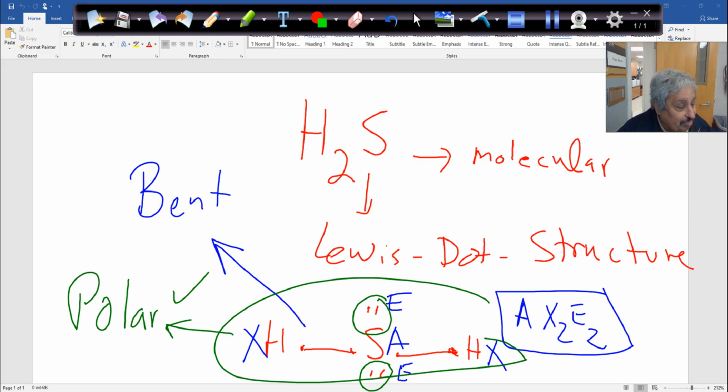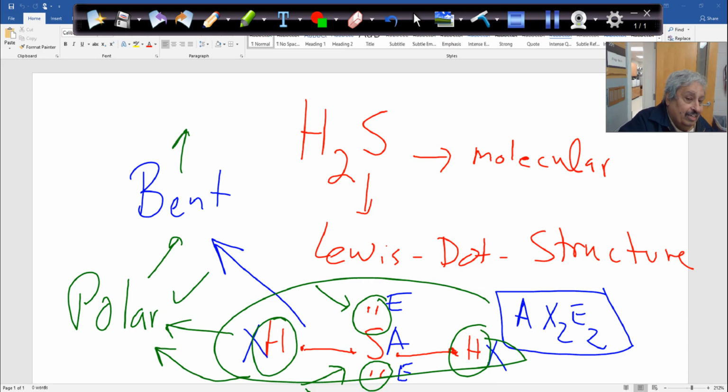I know you came from the idea of identical terminals, but the central atom does have lone pairs, so it has to be polar. And it is bent, and the angle is around 105 degrees. Okay, guys, I think we covered this one.